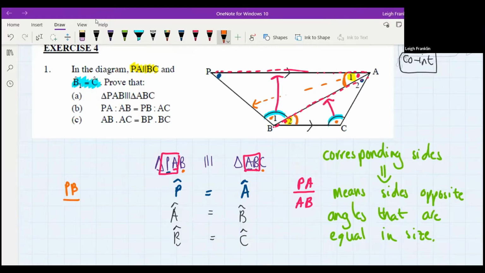B2. So it is opposite AC. And that's why PB and AC correspond. So look here, Bonnie, there's the P and the B first and last, and there's the A and the C first and last. This is why the order is so important.